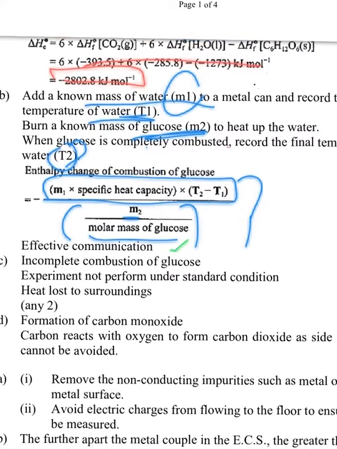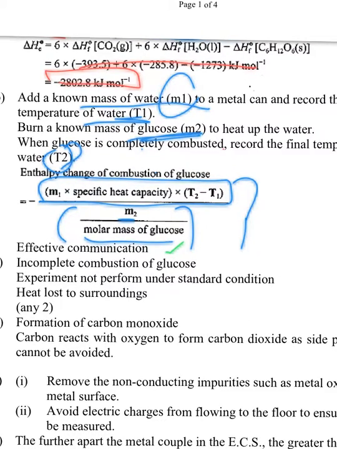Now for part C, suggest two reasons. I don't know why I still write down one. Two reasons may be: one, incomplete combustion of glucose, or heat loss to the surroundings, or not performed under standard conditions. This part you did quite well, you still remember. Okay.